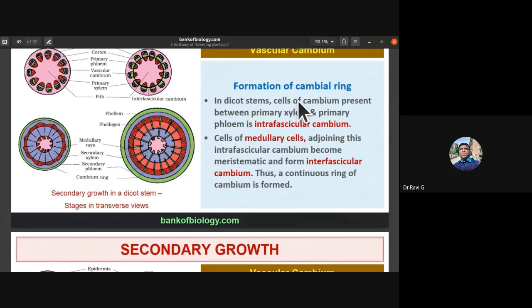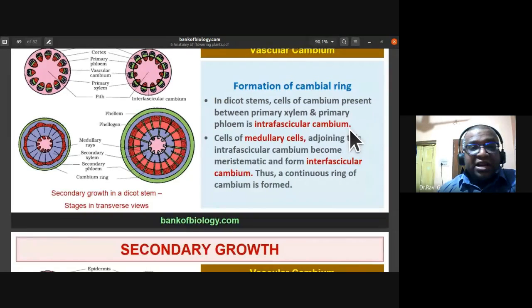In dicot stems, the cambium present between primary xylem and primary phloem is called intrafascicular cambium. Why do we say primary xylem and primary phloem? The xylem and phloem before secondary growth we call primary xylem and primary phloem, or just xylem and phloem.